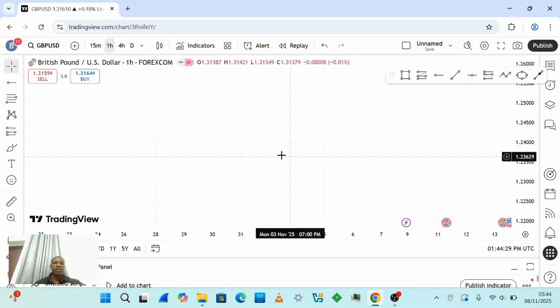Let's get started. First of all, we all know that market moves in three different ways. Number one, market moves in an uptrend. Let me quickly write it down.